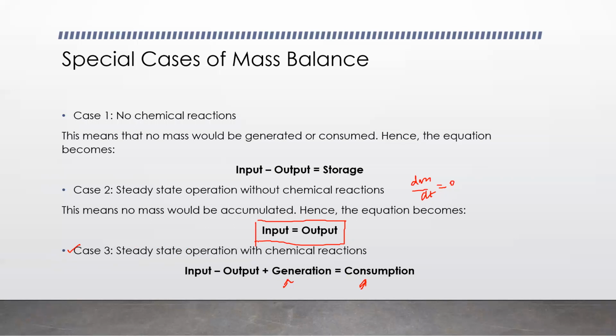So most generally, we are going to deal with these two equations. Input equals output is used for material balance without chemical reactions. And the second equation, input minus output plus generation equals consumption, is useful when we deal with mass balance involving chemical reactions.